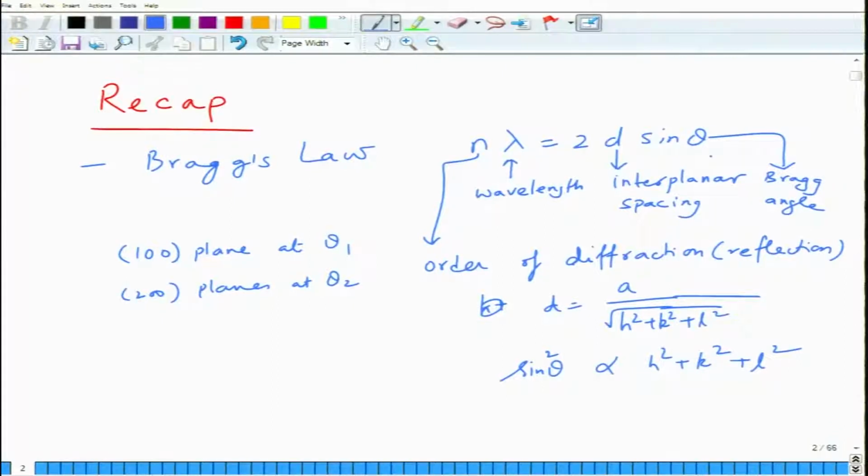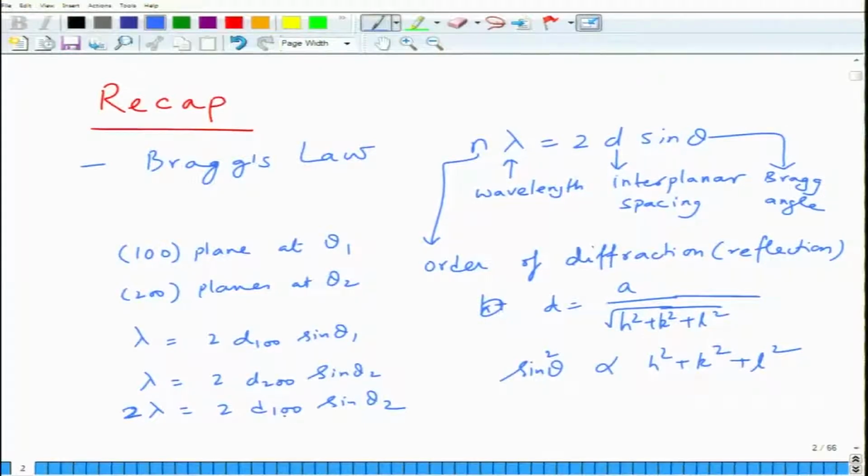By this equation, for 100 it is lambda equals 2 d100 sin theta 1, whereas for 200 the first order reflection would be 2 d200 sin theta 2, which is equivalent to writing 2 lambda equals 2 d100 sin theta 2. So essentially, at higher angles the first order 200 reflection is the same as the second order 100 reflection.